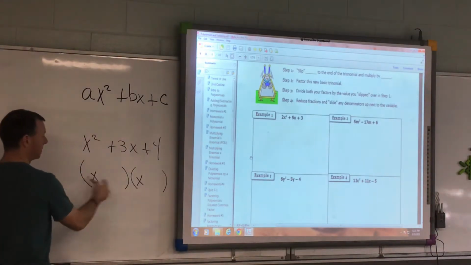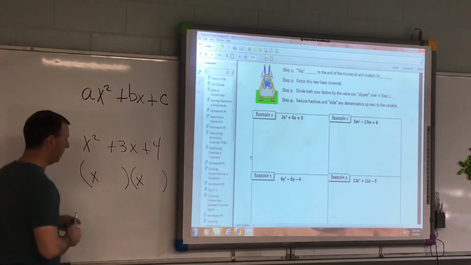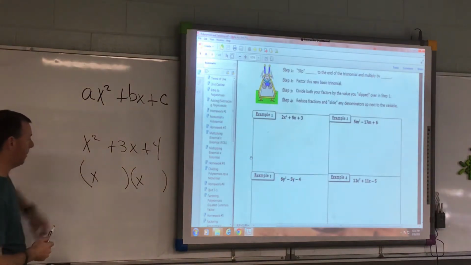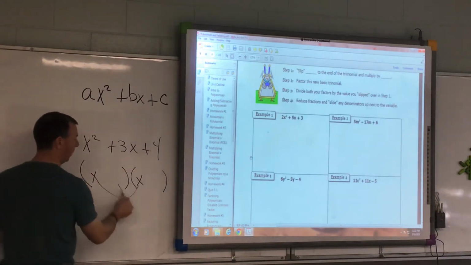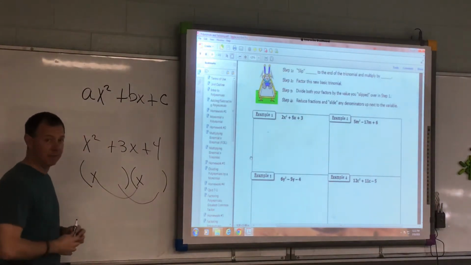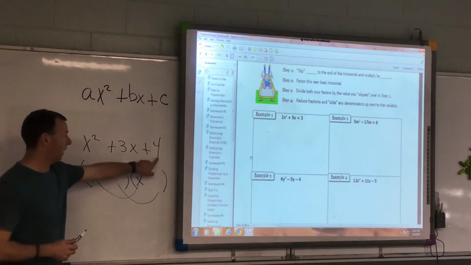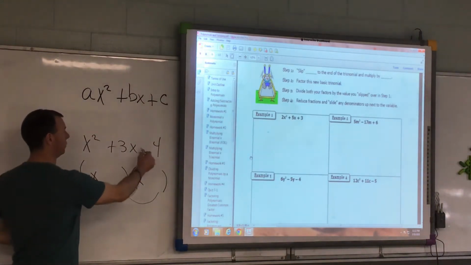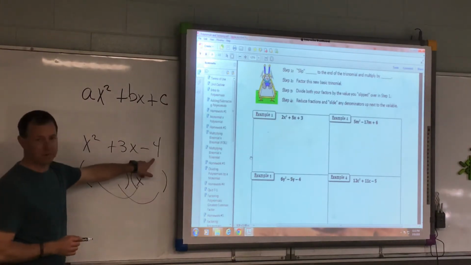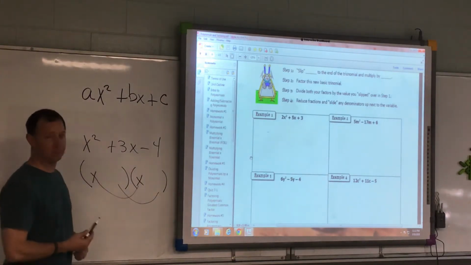We knew that x times x was x squared, and we're looking at the FOIL problem that makes this as our answer. We know the last term times the last term has to be equal to the last term here. So, changing that to a minus real quick, we're looking for factors of -4 that are going to add up to 3.